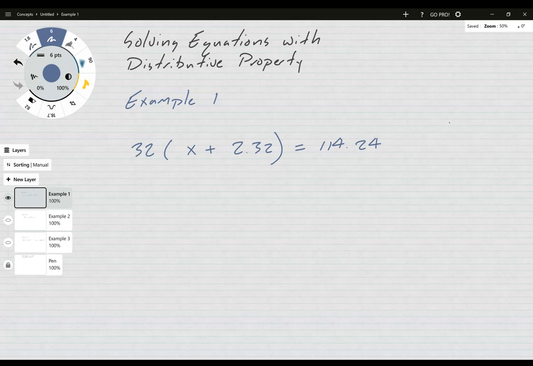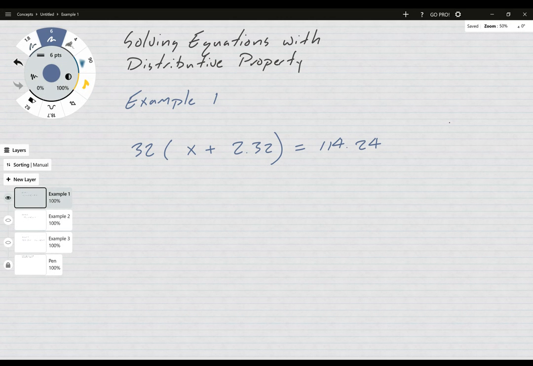So here's my equation. I have 32 multiplied by x plus 2.32 equals 114.24. Now, each of these pieces of information comes from a word problem that we're going to be looking at, and I'll be labeling those as we go through this question. But here's the problem itself.